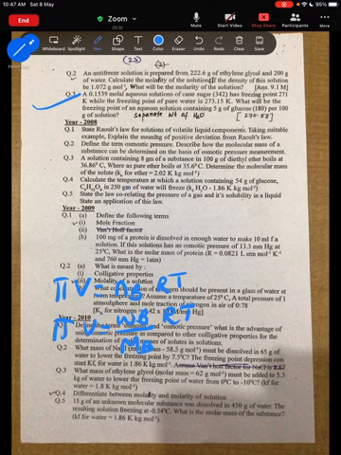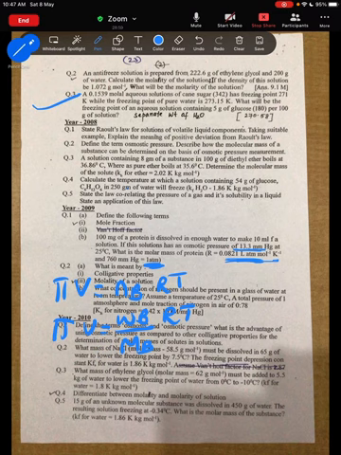So here you have to convert the units. You convert this pressure into atmospheric pressure because R is given in terms of liter atmosphere per Kelvin per mole. For converting this millimeters of Hg into atm, what you have to do? Divide this by 760 mmHg.